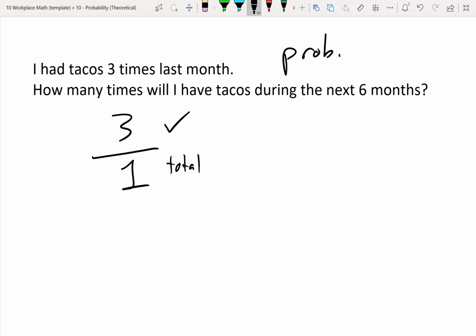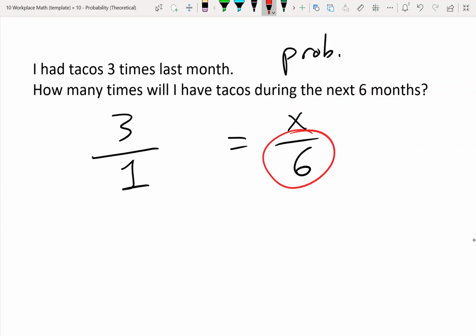Now we want to compare it, and we're going to compare it this way by saying how many in the next 6 months. So here is going to be a 6, because 6 is the total, but I don't know how many tacos go there. Okay, so now we need to get this x all by itself. So in order to get the x by itself, we have to get rid of the divide by 6. The opposite is multiply by 6.